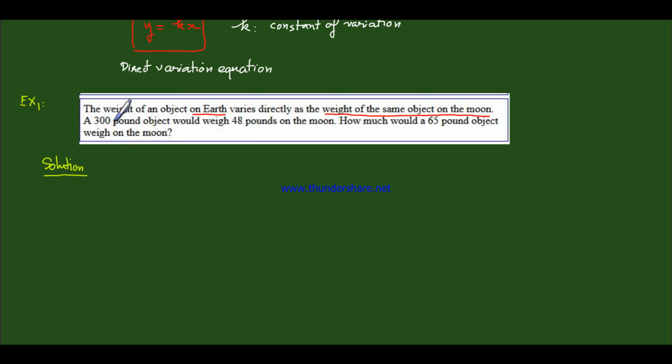So they give you that a 300 pound object would weigh 48 pounds on the moon. It means that this 300 pound is on Earth, and the 65 is on Earth. They give you 48 on the moon, and they ask you for the other variable here, on the moon.